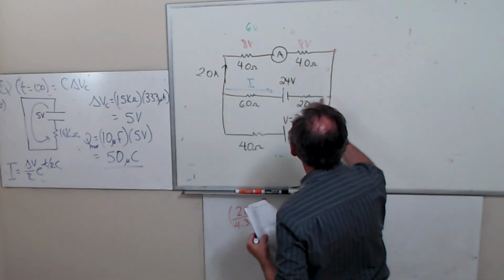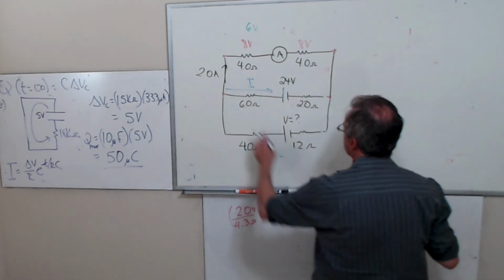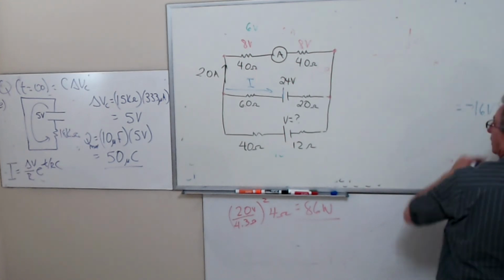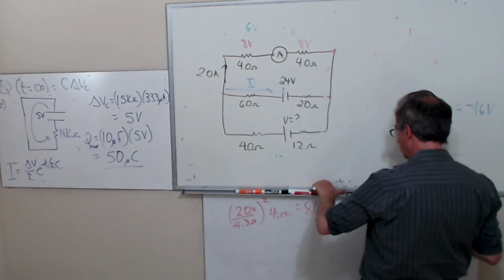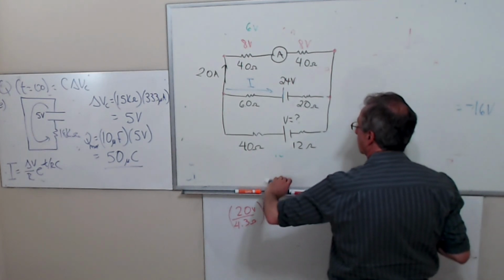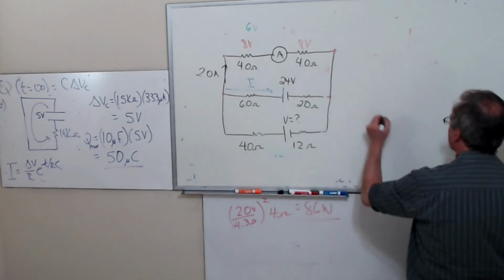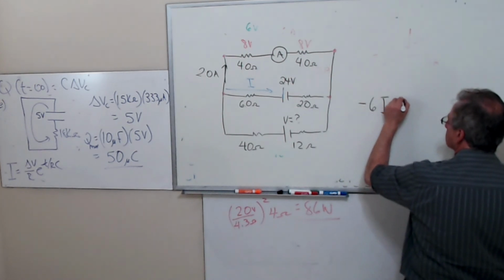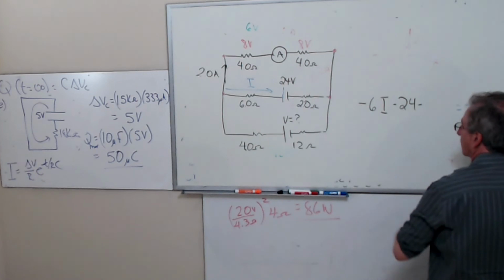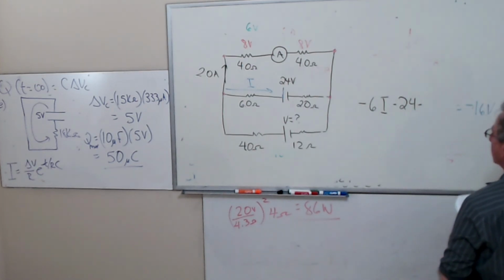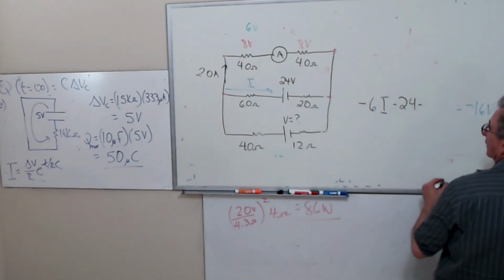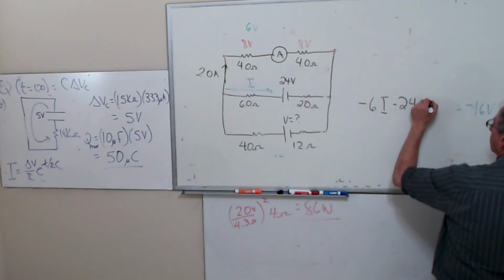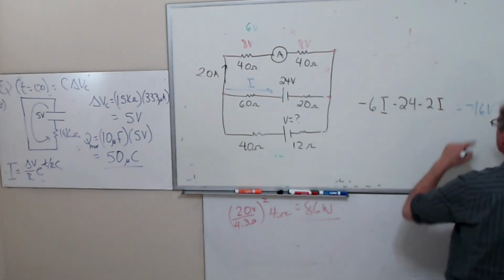So this drop has to be 16 volts, right? From here to here, it's got to go minus 16 volts. Minus 6i, minus 24, minus 2i has to be minus 16, right?